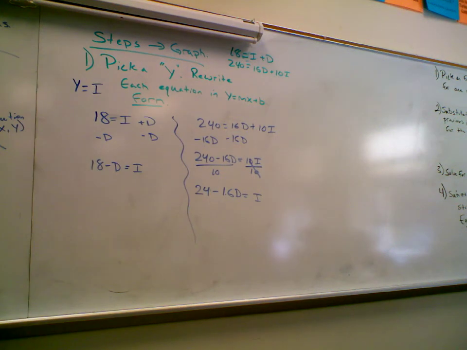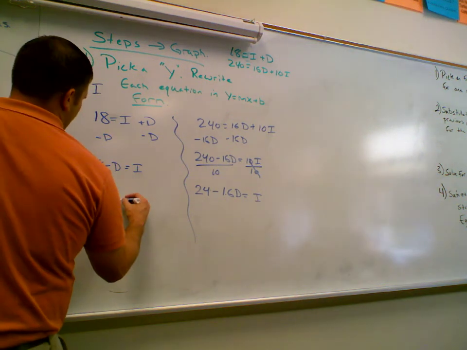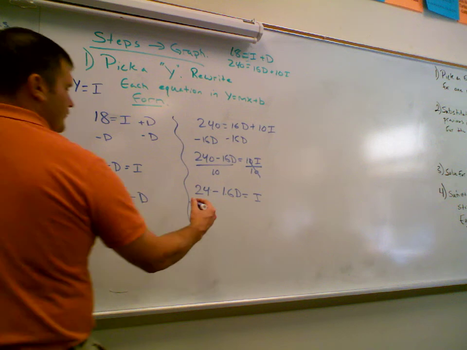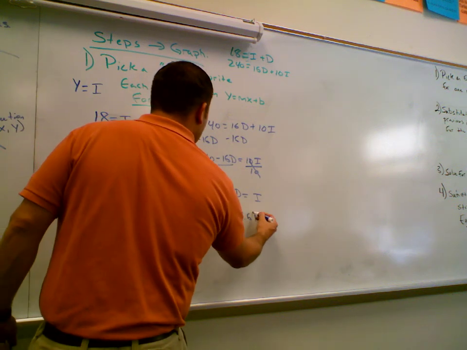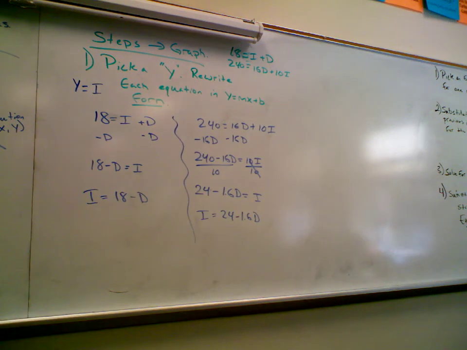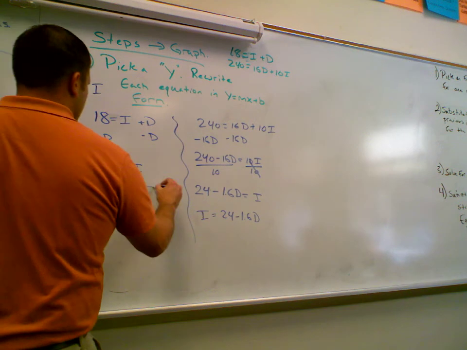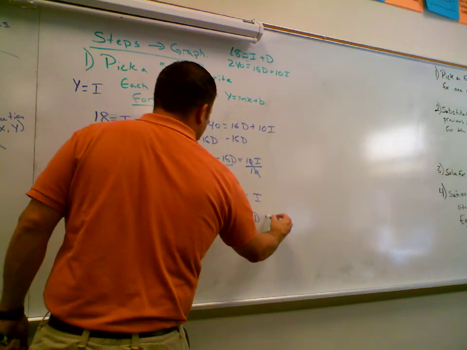Now, in your calculator, y is usually on the left, isn't it? Y equals on the left. So I might want to rewrite these with the I on the left. But it's okay for me to flip them because I flipped both sides. Now these are my two results.